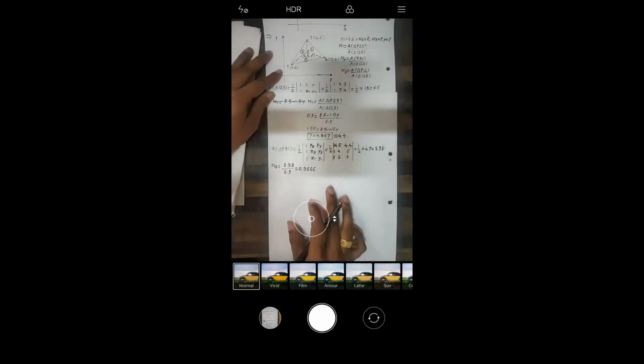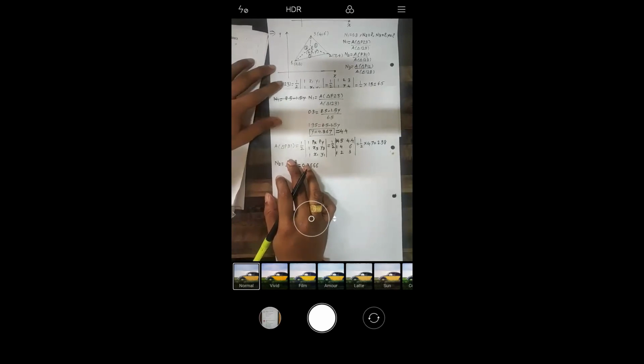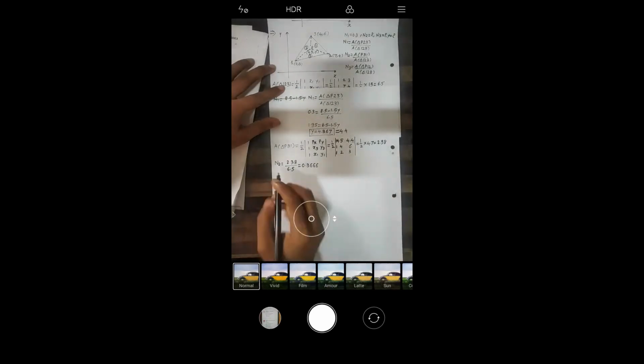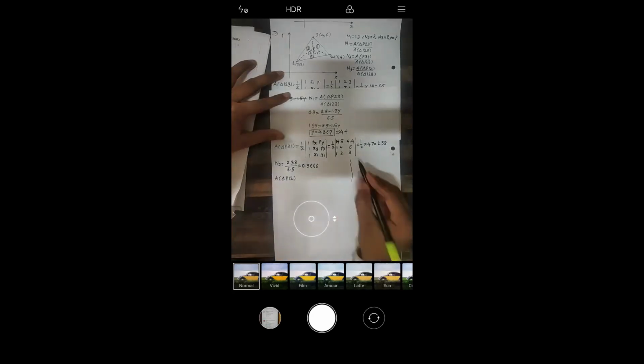Now N1 is calculated, N2 is calculated, right? Can we calculate N3? For N3, you require the area of triangle P12. Otherwise, I will tell you a different method.